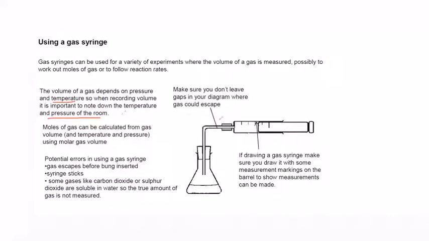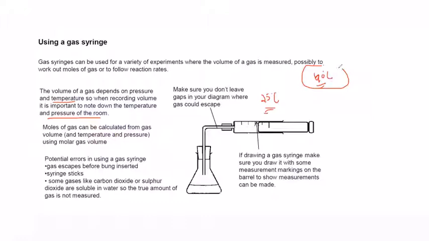So when recording volume, it is important to note down the temperature and pressure of the room. For example, if you carry out an experiment at 25 degrees centigrade and a similar experiment with the same amount of reactant at 40 degrees centigrade, you will not have the same final result. Why? Because at higher temperature, the gas molecules move away from each other and the gas can expand. So it is important to note the surrounding temperature, as the volume of a gas is affected by temperature and pressure.